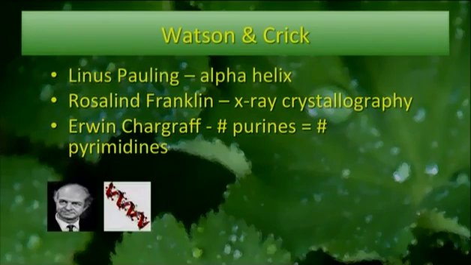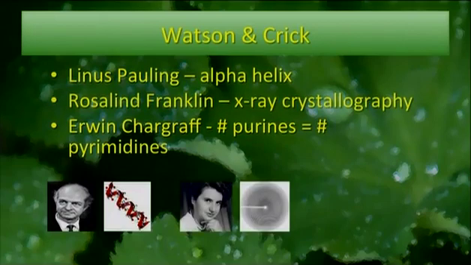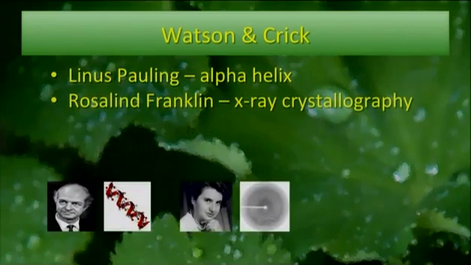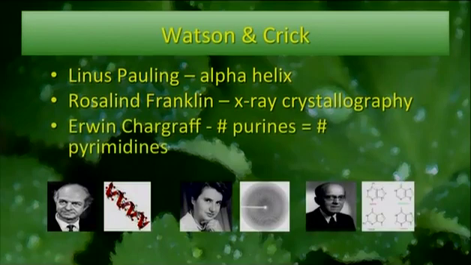So there's Linus Pauling with his alpha helix, Rosalind Franklin with X-ray crystallography, and Erwin Chargaff with his purines equaling the number of pyrimidines. They helped Watson and Crick lead to their discovery of the double helix of DNA.